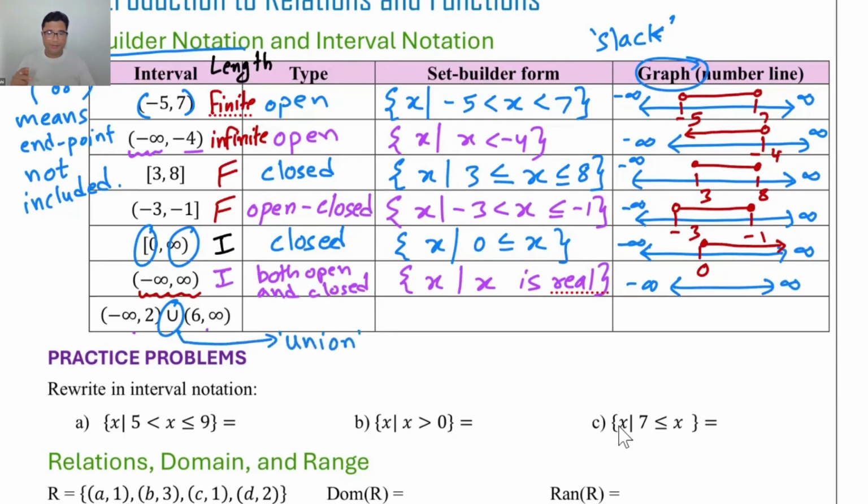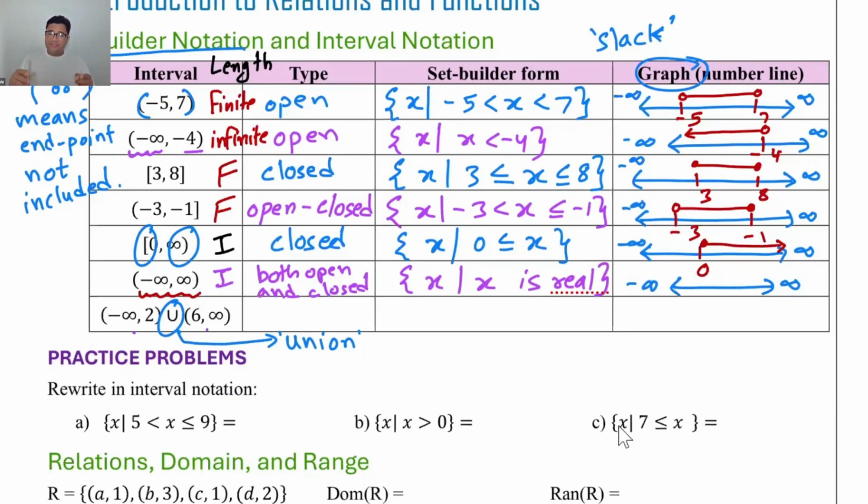That's the union symbol in set theory. It means union, combining. So you are including all the numbers up to 2, and then after 6 you are missing the things in between. So you want all the numbers up to here and after that. So what do we do? You combine them.